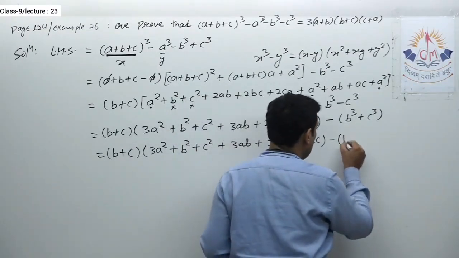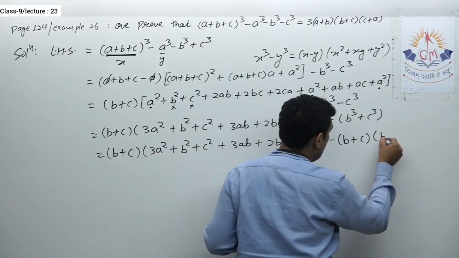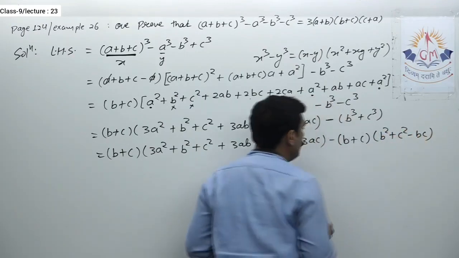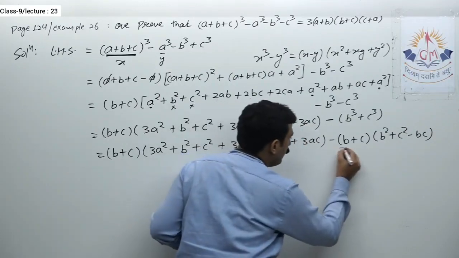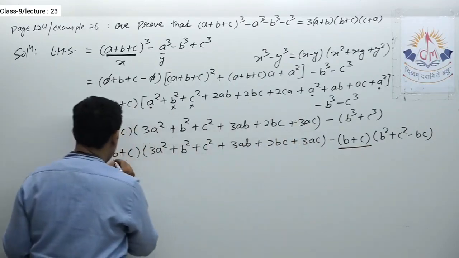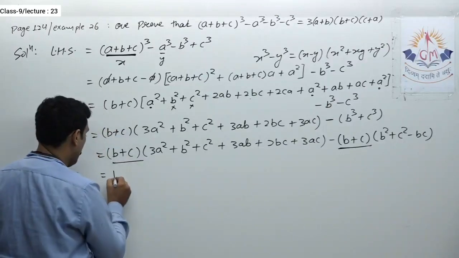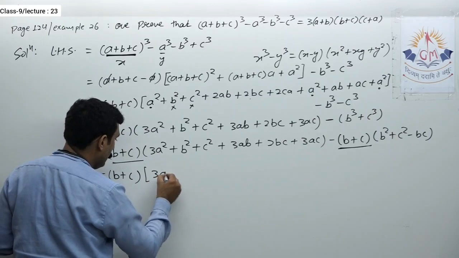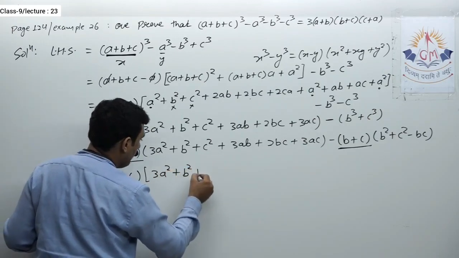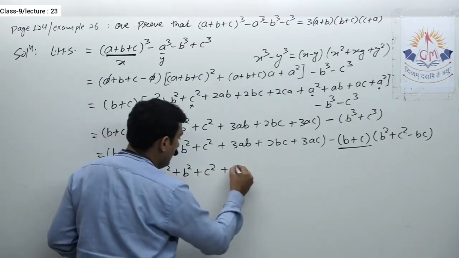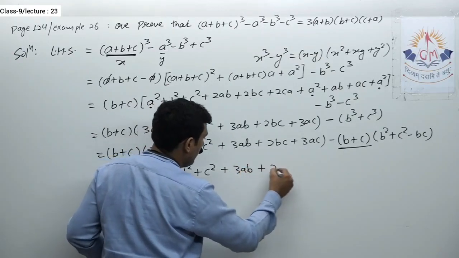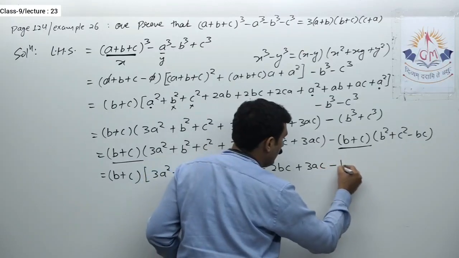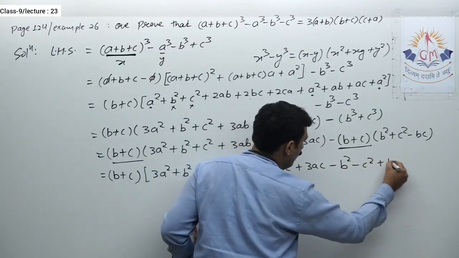So what I will get? (b + c)(b square plus c square minus bc). Now if you observe carefully, this b plus c and this b plus c can be taken common. So if I take this b plus c common, I will get here 3a square plus b square plus c square plus 3ab plus 2bc plus 3ac, then minus b square minus c square plus bc.